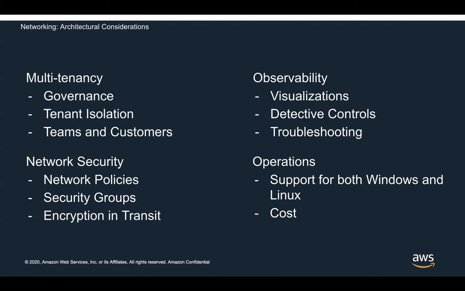So whenever your pod is talking to anything outside of itself, to any other pod or any other service within AWS or even externally, it's going to be governed by the security group that is assigned to the node.